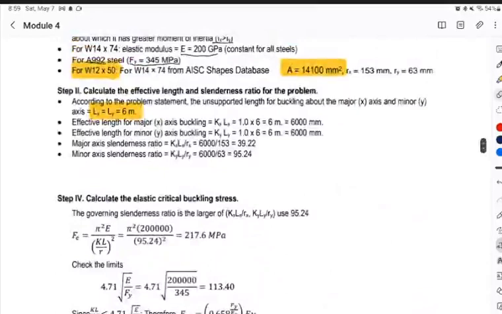So, since parehas lang yan, there is no statement such that there is a stiffening along the weak axis. Then our L sub x, our length along the major and minor axis, is 6 meters.